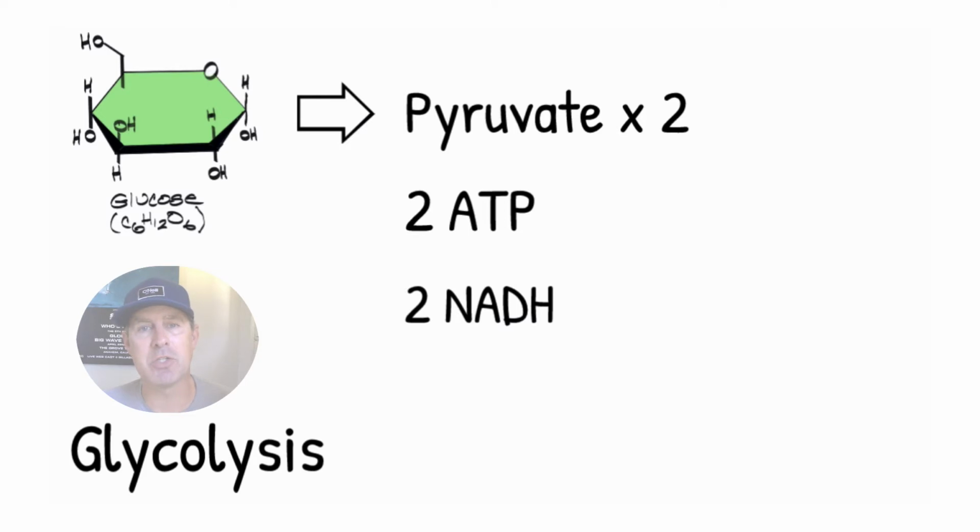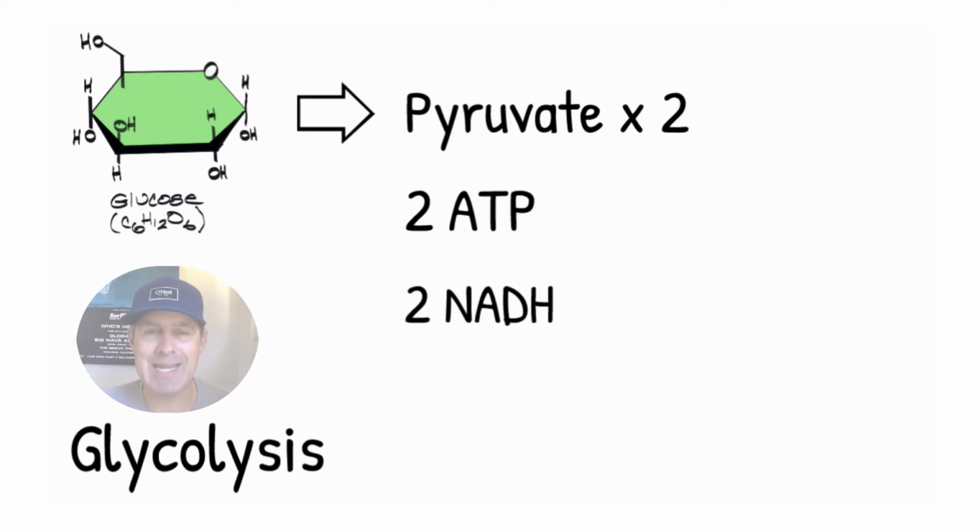At the end of glycolysis, we also have produced 2 ATP molecules, and I should suggest it's 2 net ATP because glycolysis produces 4 ATP molecules, but it utilizes 2 of those ATP molecules in the process.